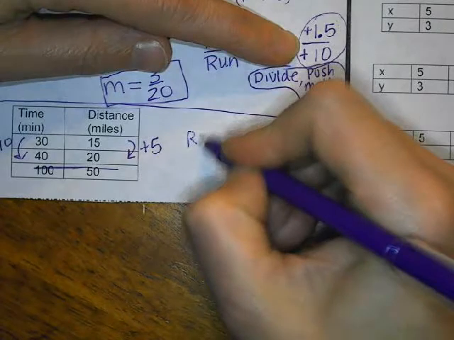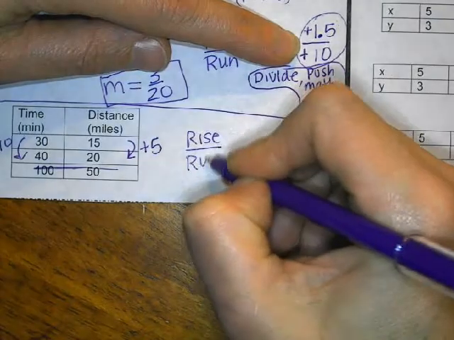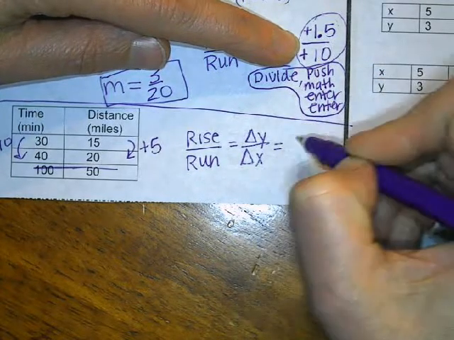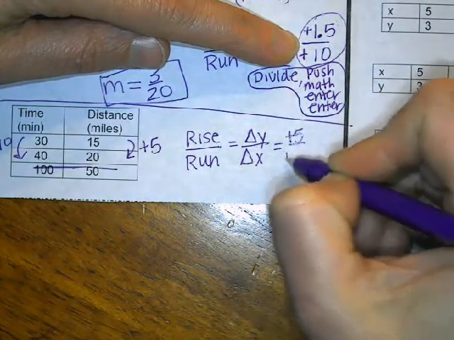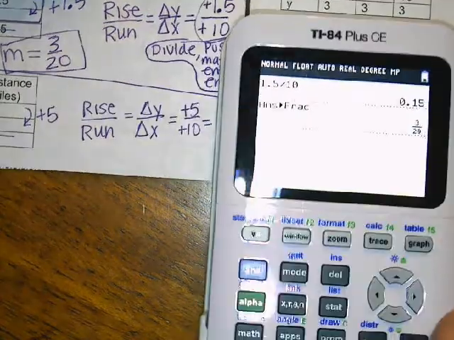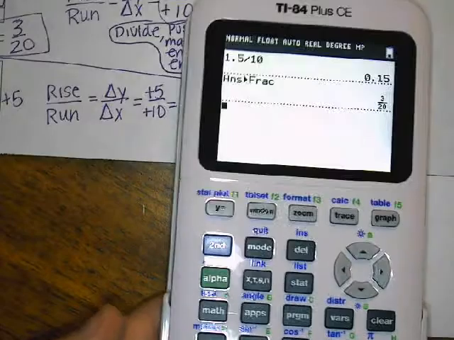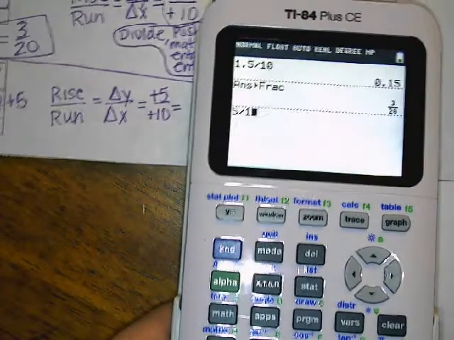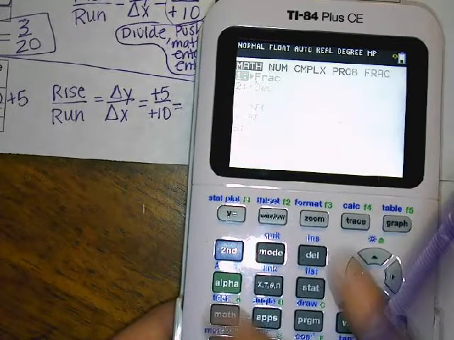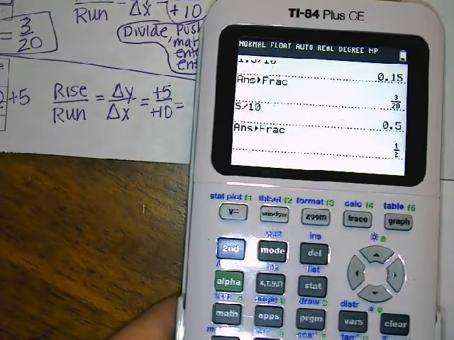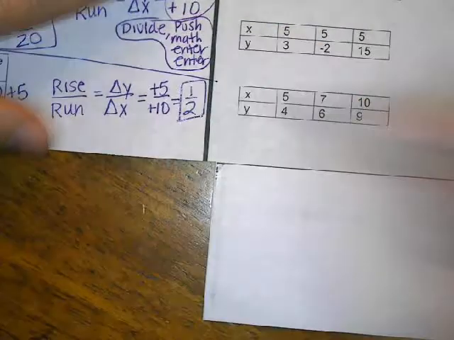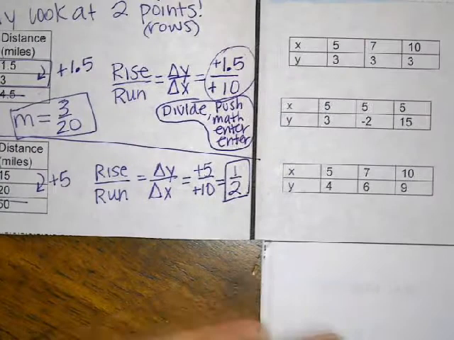So remember, it's rise over run, change in y over change in x, and that's positive 5 over positive 10. When I divide that on my calculator, 5 divided by 10, top number first divided by the bottom number, and then math, enter, enter, I get 1/2. Some of you already knew that was 1/2. You didn't need to see all that work, but I just wanted to show some of you who didn't know.